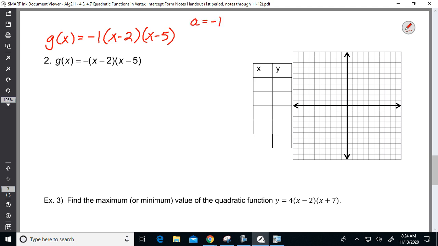The a value is negative 1. The p value, remember, take the opposite, it's 2. The q value, take the opposite, that's 5. Most people make their mistakes by not taking the opposite.